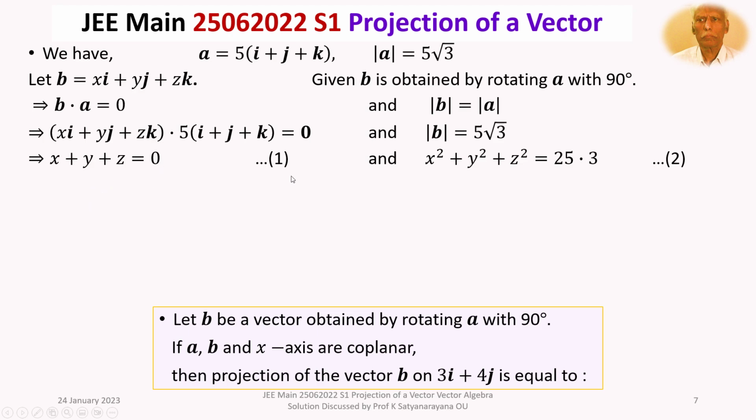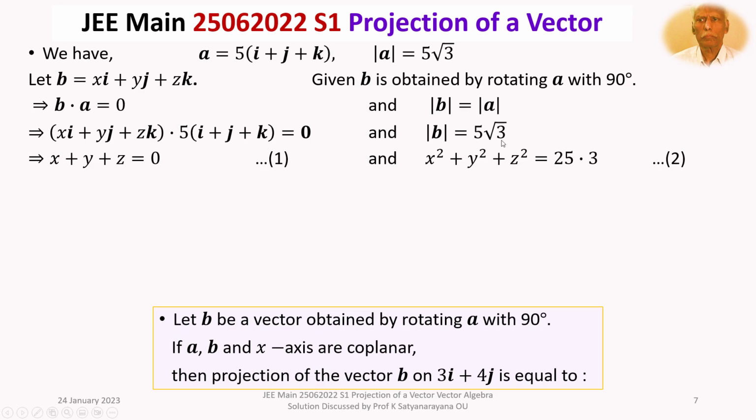Let's call this equation 1. And mod B is from xi + yj + zk, so mod B square is x square + y square + z square.